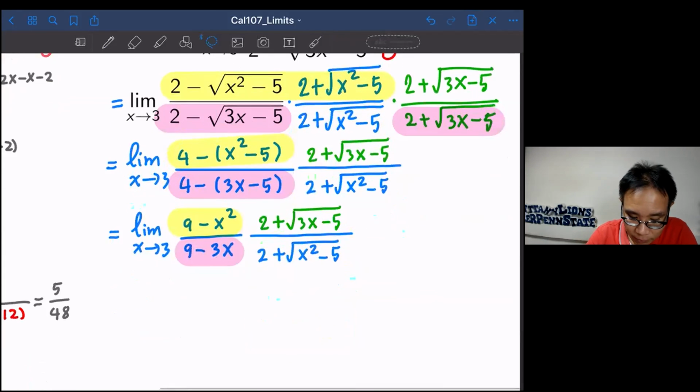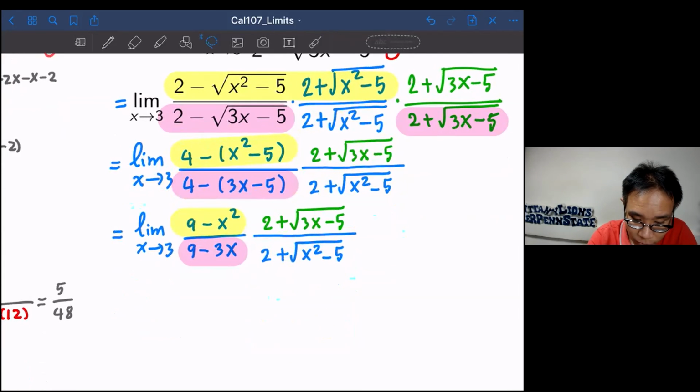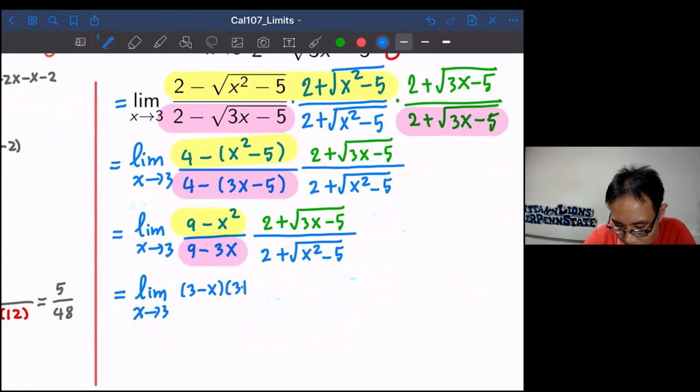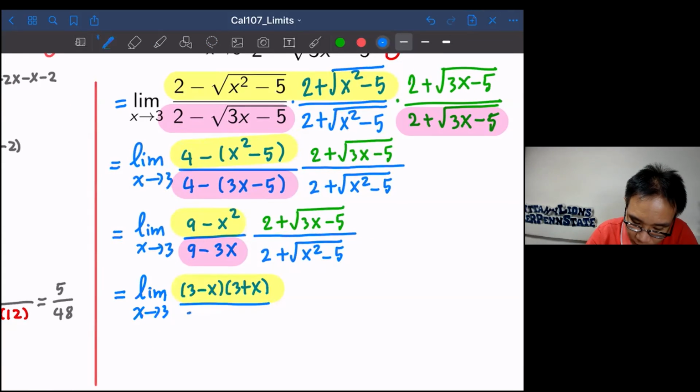Then I'm going to continue. So I'm going to have limit as x goes to 3, and you see that the yellow guy can be factored as (3 minus x)(3 plus x) over, and the bottom guy is 3 minus x, the pink guy.